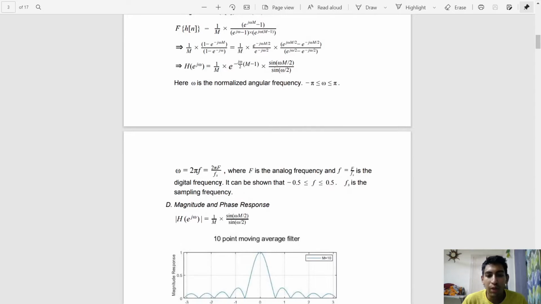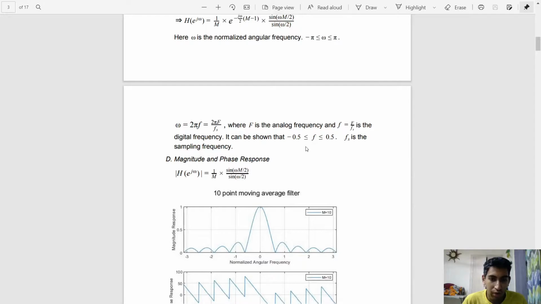Omega can also be replaced by 2 pi F over Fs, where Fs is the sampling frequency and F is the analog frequency. Instead of plotting from minus pi to pi, we can plot it depending on the sampling frequency of that signal. And this F is also known as the analog frequency.